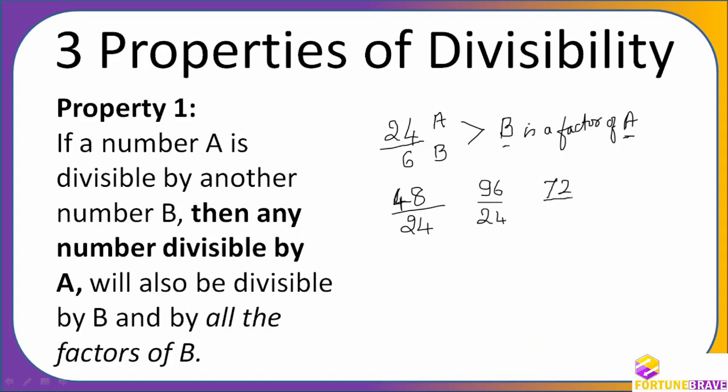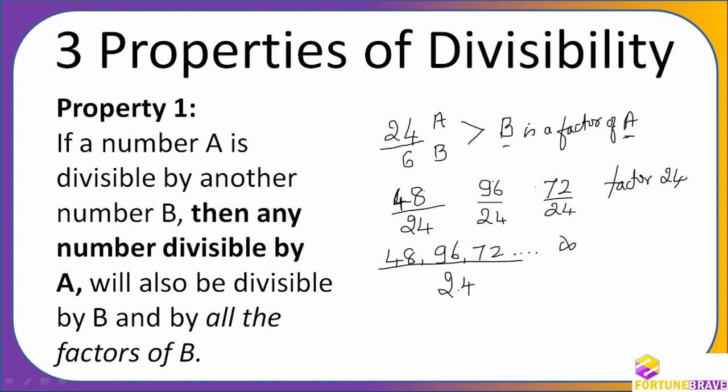Here the factor is 24, and these numbers we call multiples. These are the numbers which are divisible by a: 48, 96, 72 and so on. There can be infinite numbers, all of these divisible by 24, my dear friends, right?